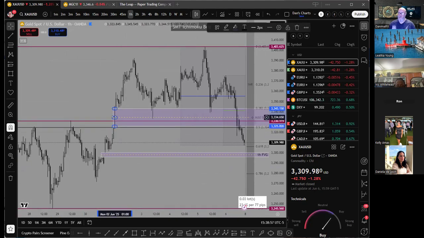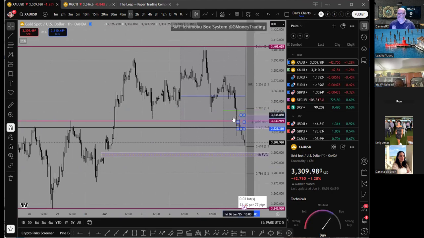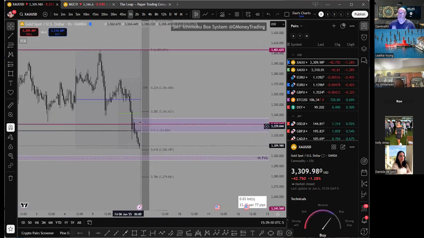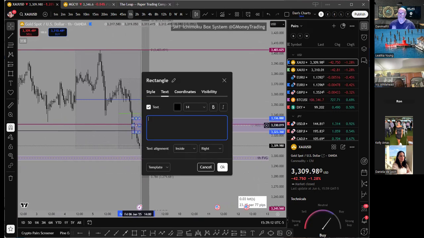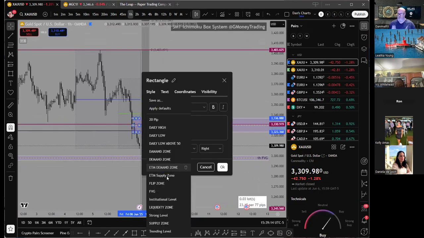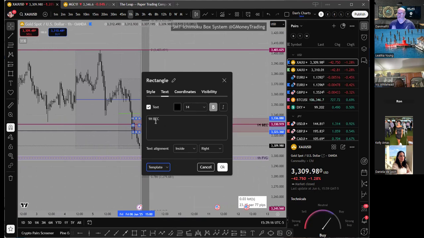However, we're left with a drop base drop. So now I can change this candlestick, this zone, to an ETM supply zone, not demand zone. And it's a 1 hour drop base drop.